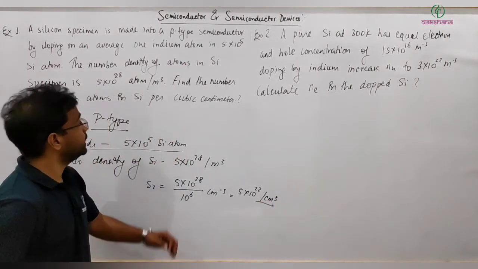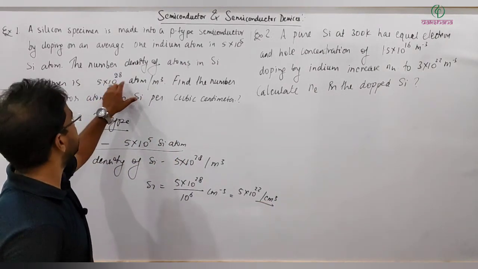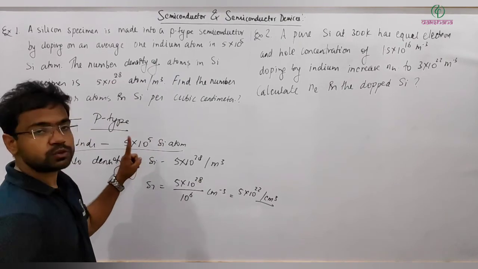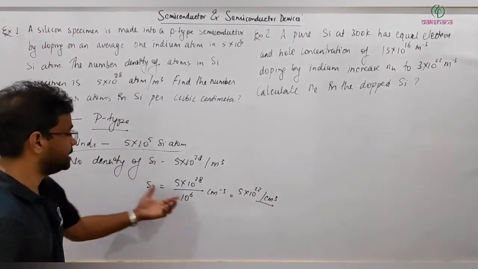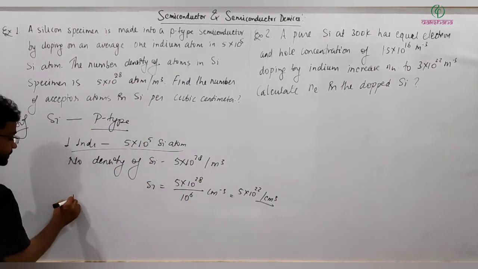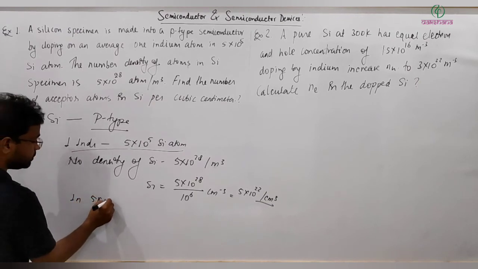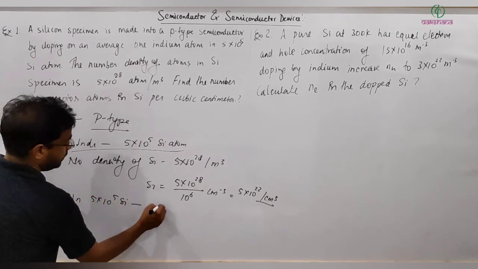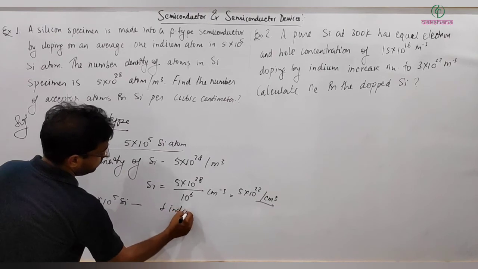Now I know in these many number of atoms, there is one indium atom. So in 5 into 10 raised to power 5 silicon, one indium atom.